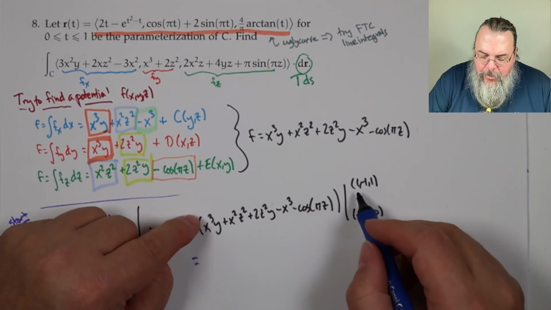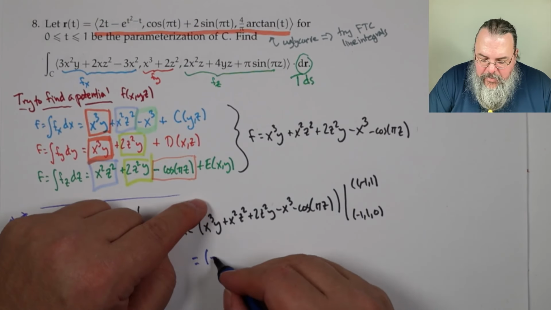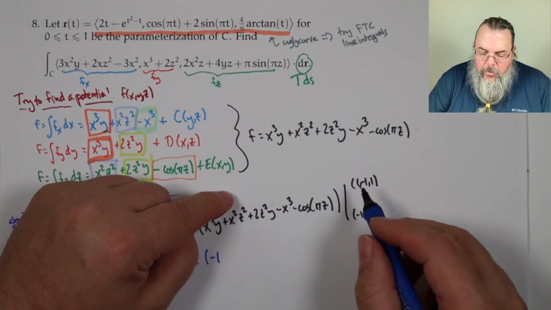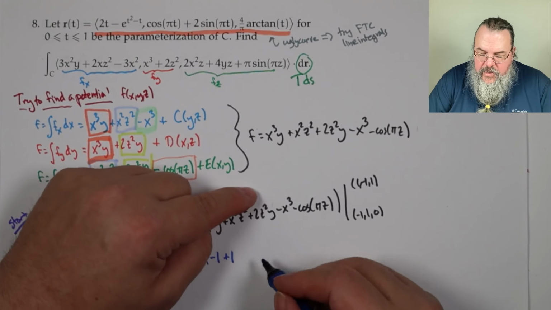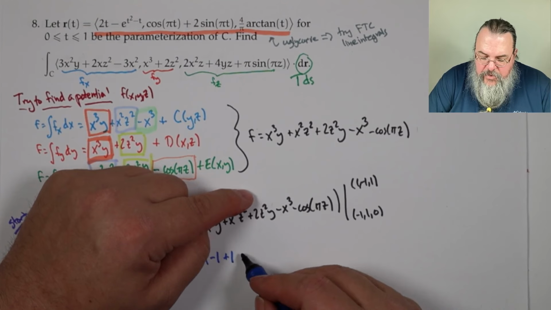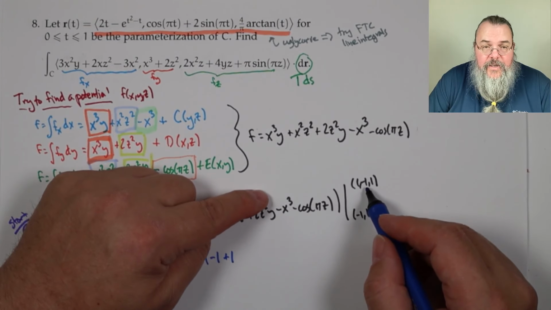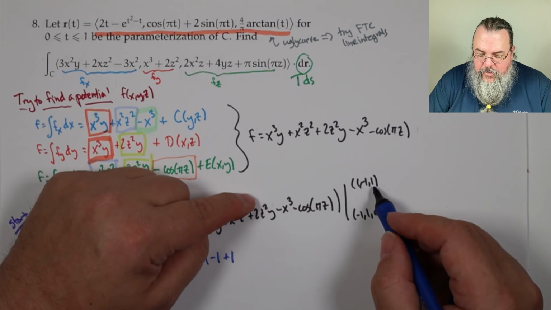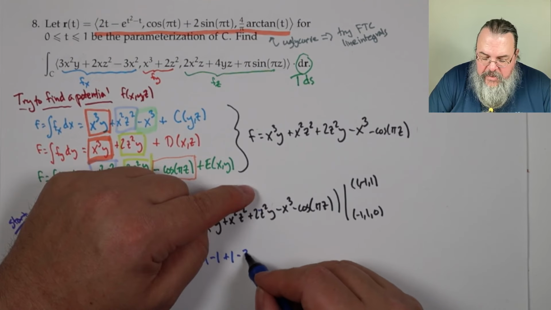So we take 1 cubed times minus 1. So that's a minus 1. 1 squared times 1 squared, that's a plus 1. Then we have plus 2 times 1 squared times minus 1. Right? 2z squared y. So that is going to be a minus 2.